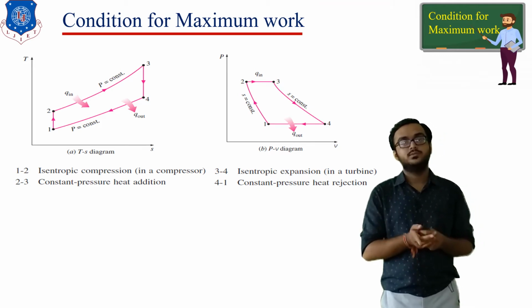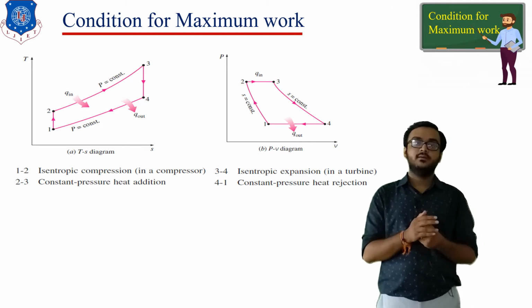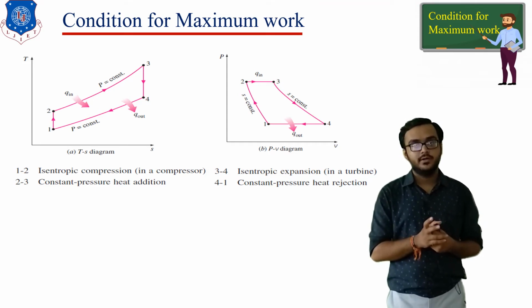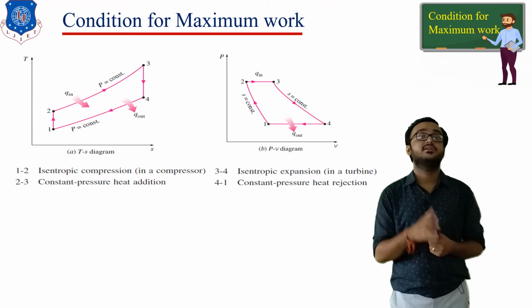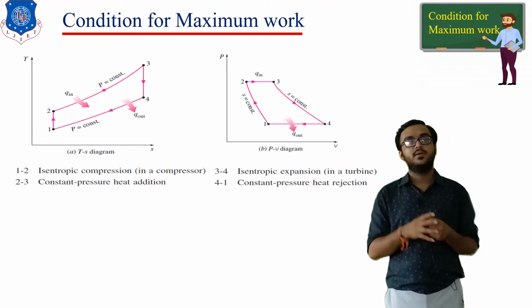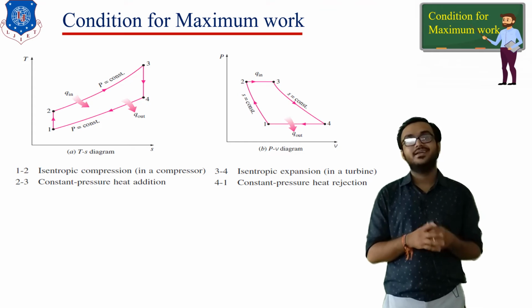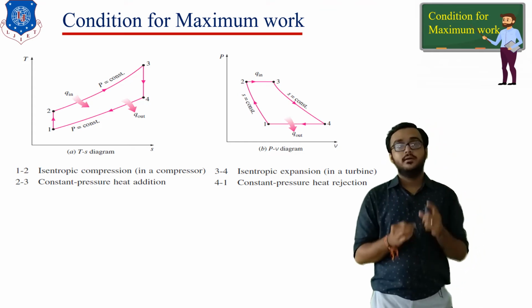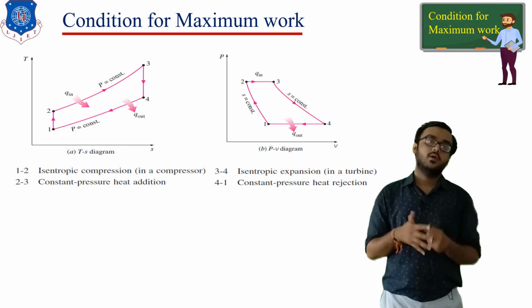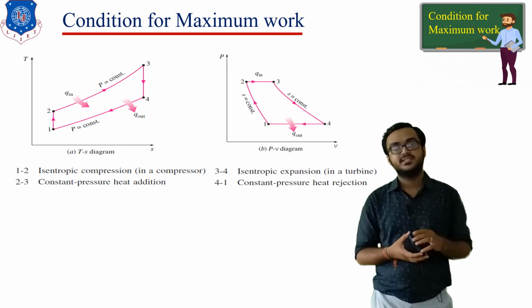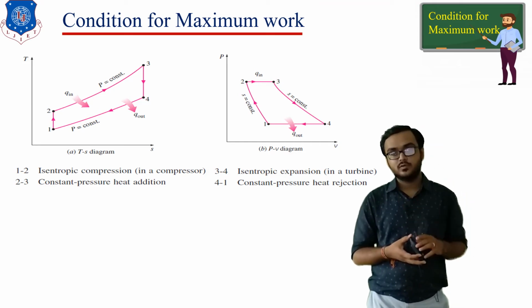Then observe the 2 to 3 process on the TS diagram. 2 to 3 is constant pressure heat addition, during which temperature increases while the pressure remains constant. So we plot one horizontal line on the PV diagram, which indicates the heat addition process during which pressure remains constant while the temperature increases. Then 3 to 4 is the expansion process.